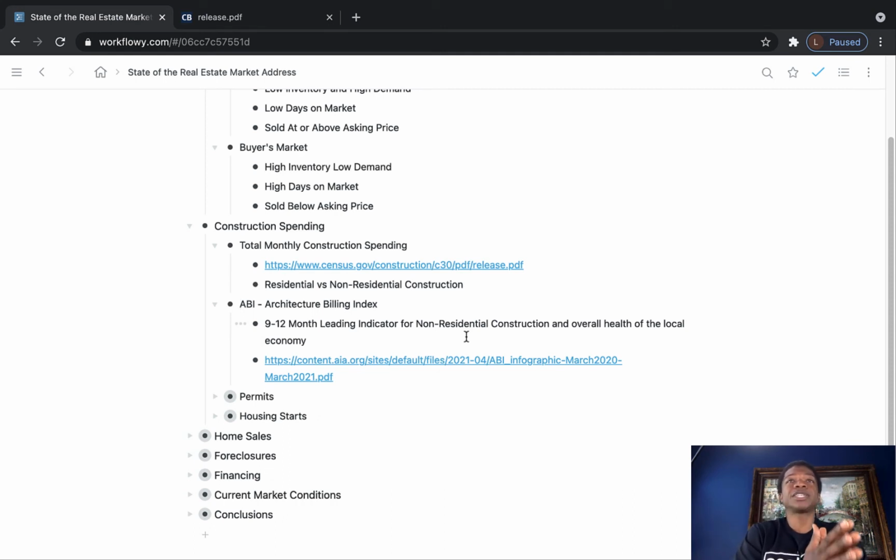Having that information allows us to extrapolate what we know about the architecture billing index in terms of non-residential construction and figure out what's happening with residential spending. So let's take a look at the architecture billing index.